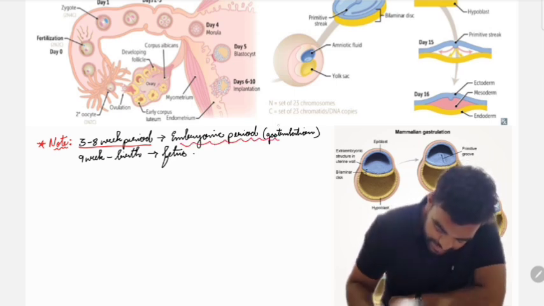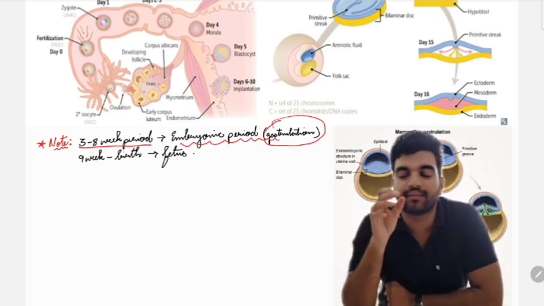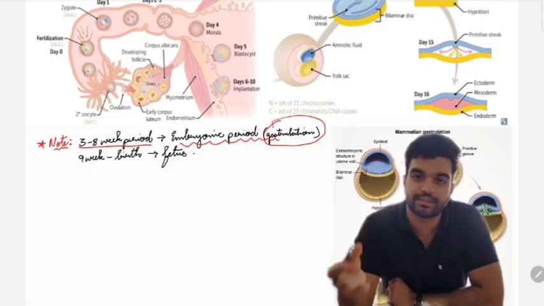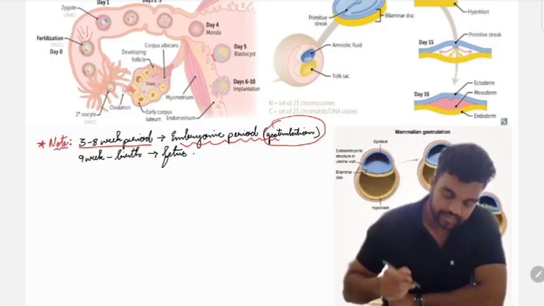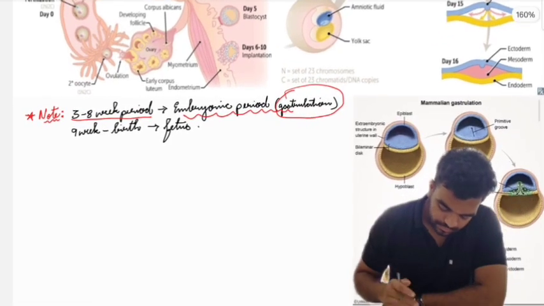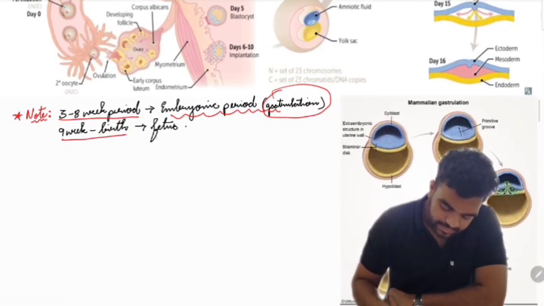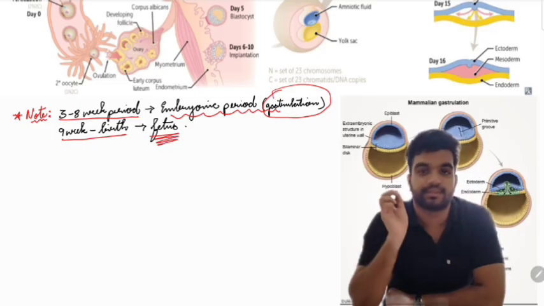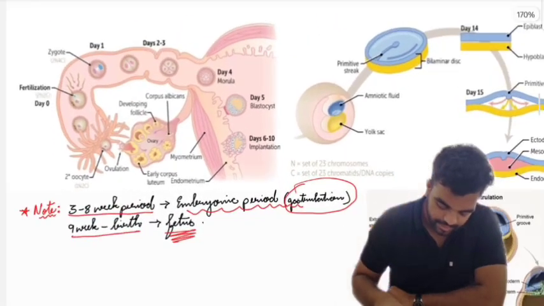This is where gastrulation occurs. Don't worry much about gastrulation, I'll teach you about it. But remember, the third to 8th week is known as the embryonic period, and from the 9th week onwards till birth, it is known as the fetus. That is all you have to remember here.